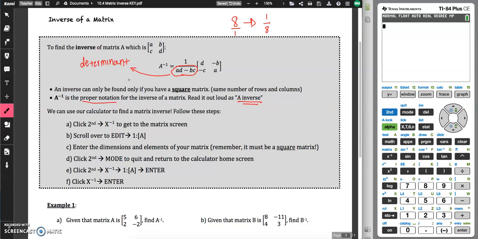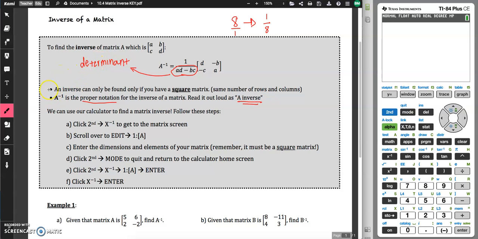It's basically a special number for matrices that we use to do a couple other calculations. And you find it by doing some multiplication of the diagonals, so A times D minus B times C. It's just like a regular number. Not a big deal, just something to point out there.